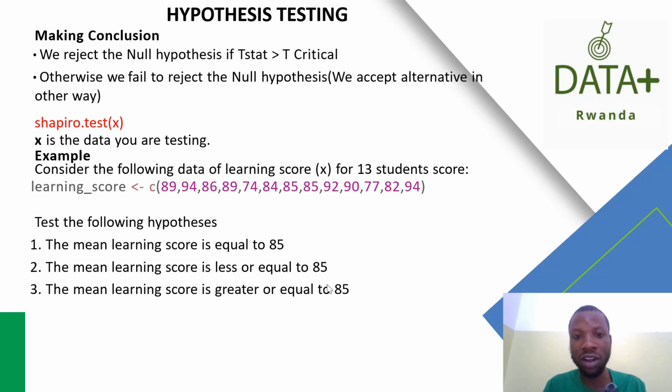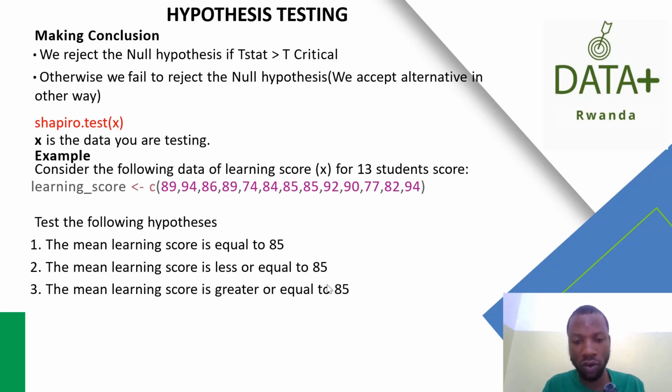T calculated comes from the statistical procedures, and the T critical is the standard we base on when comparing our result with the actual standard value, based on the confidence level or the level of significance.